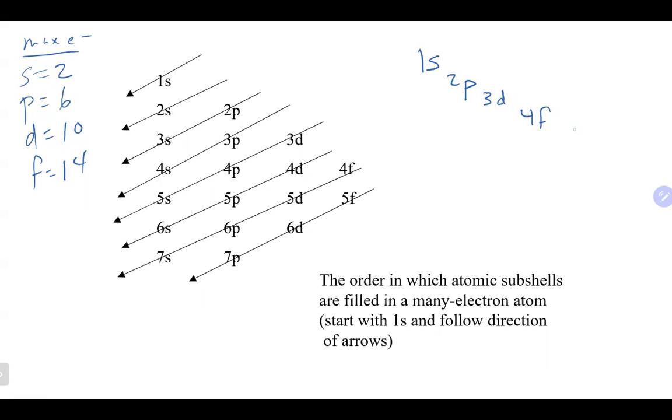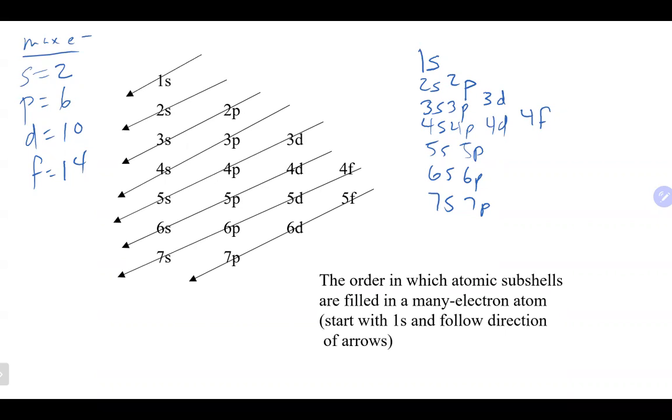Once you get that arrangement, all you have to do is fill in the numbers below. So just go 3s, 4s, 5s, 6s, 7s. That would be 3p, 4p, 5p, 6p, 7p, 3d, and 4d, and so forth. And you can really recreate it pretty easily for yourself.